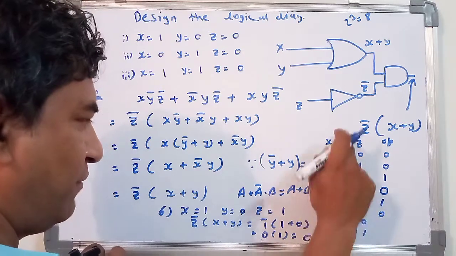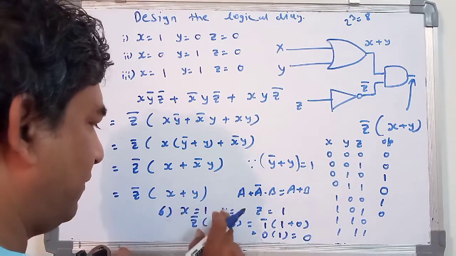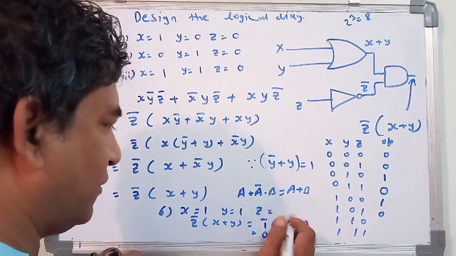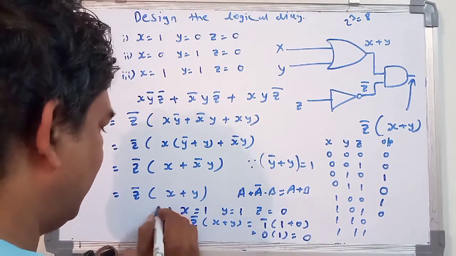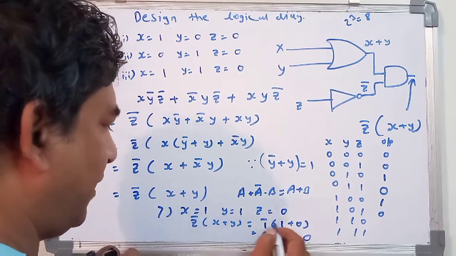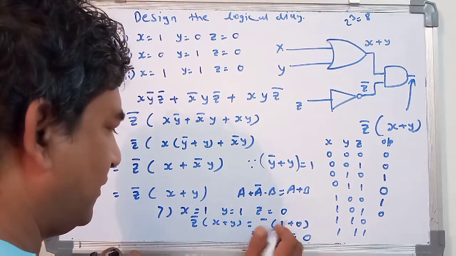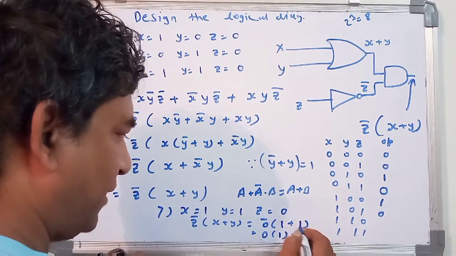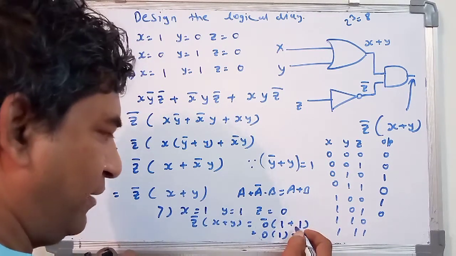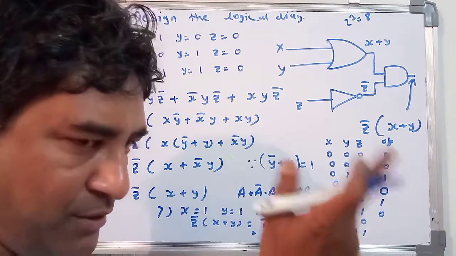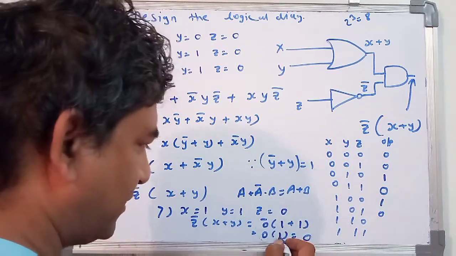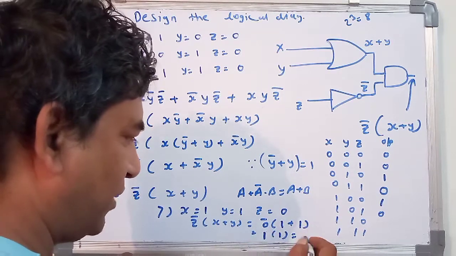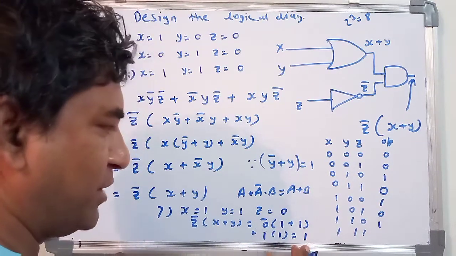X is equal to 1, y is equal to 1 and z is equal to 0. Okay, it is the 7th number condition. The value for z is 0. X plus y, 1 plus 1, again you will be getting the 1, so that sum value you are getting here as a 1, and this 0 bar is going to be considered as a 1, since output is 1, you are getting the output as a 1.